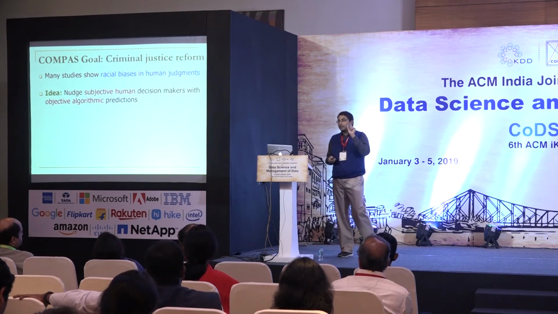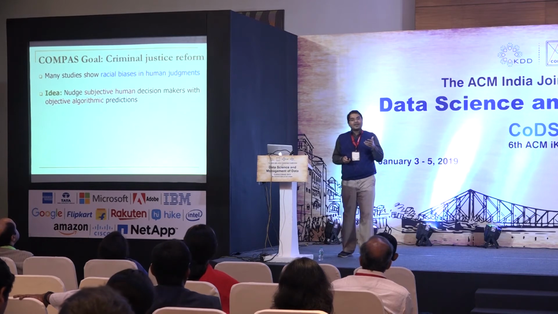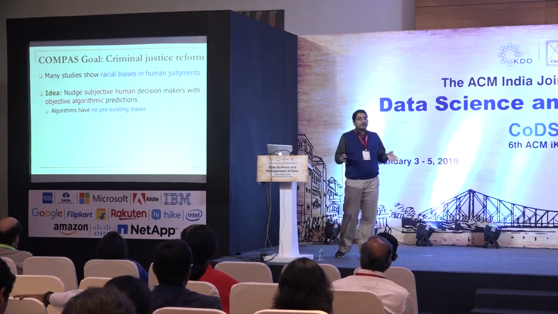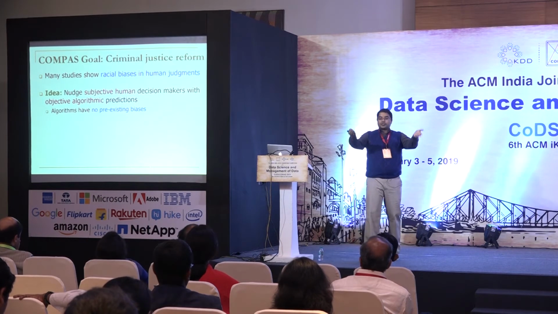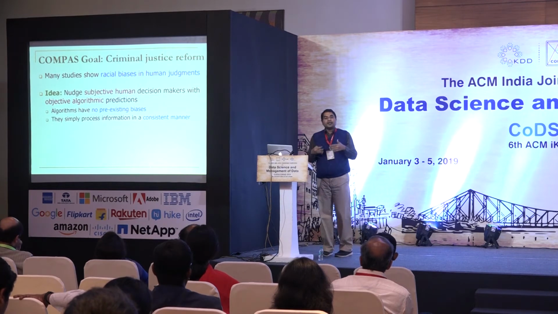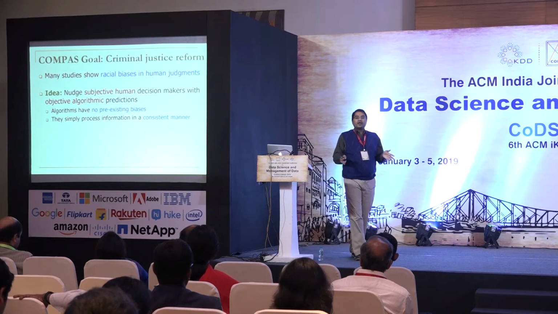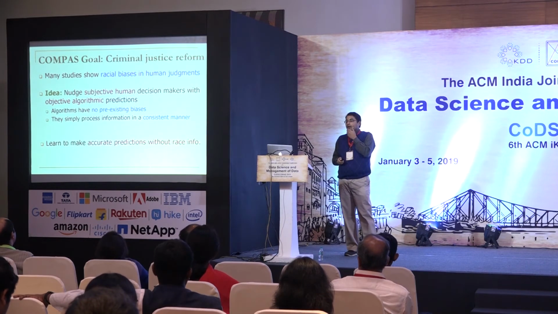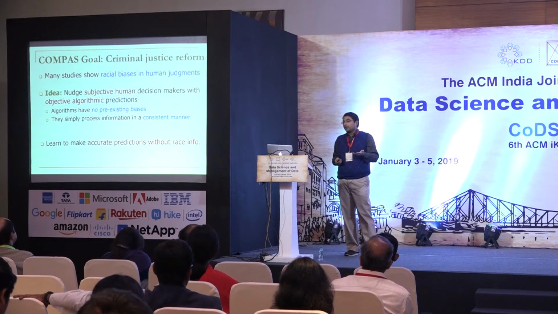So the idea was to nudge the subjective human decision makers with objective algorithmic predictions. The hope is that because algorithms have no pre-existing biases, because they're just looking at data and learning from the data, they would process the information in a very consistent manner, and therefore everything would be much better. So what they did was try to train a predictor without using information like race.